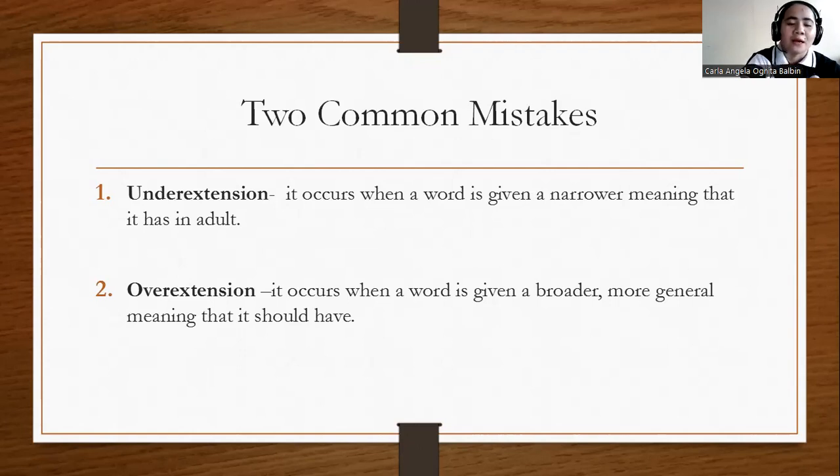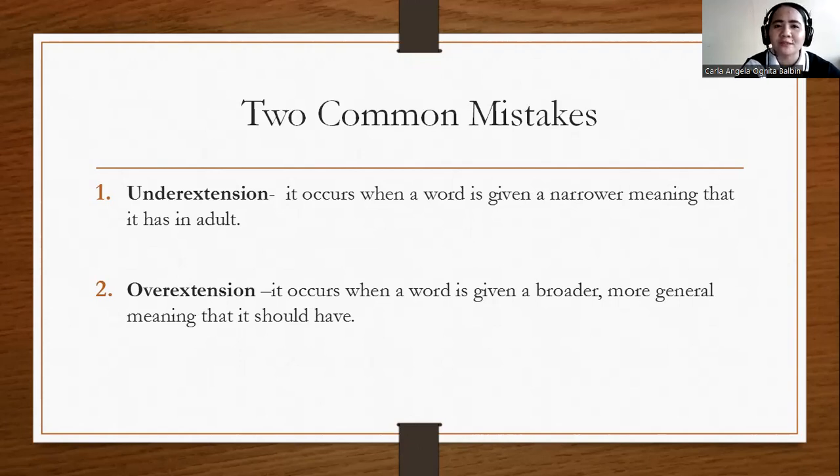Okay? And the second one is overextension. Overextension occurs when a word is given a broader, more general meaning than it should have. For example, they call other males dad. This is not because the child doesn't detect the differences.